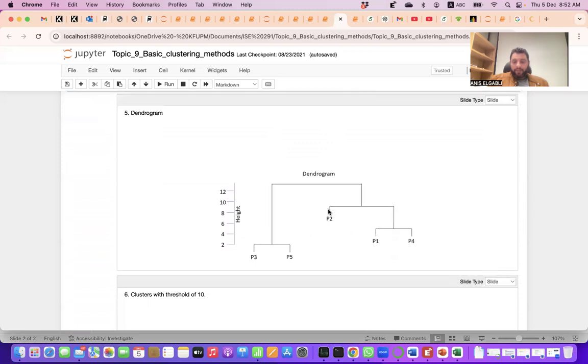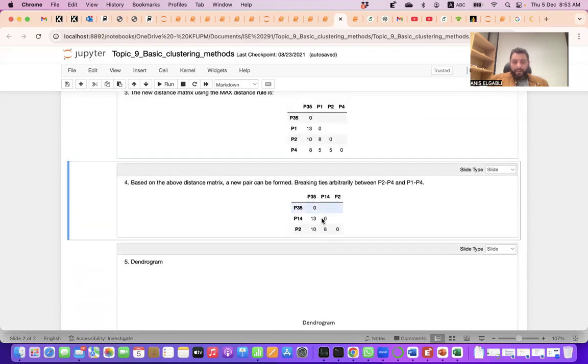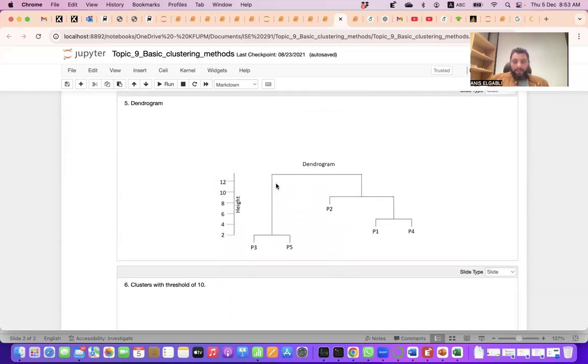And the distance between point 2 and this cluster defined by the 2 points 1 and 4 was around 8, if I remember correctly. Yes, this is 8. And finally the distance between this cluster and this cluster was 13. So the height here is 13.